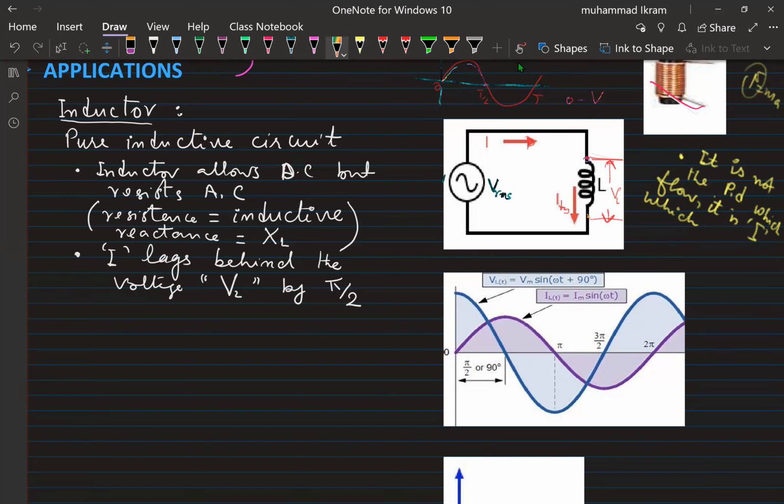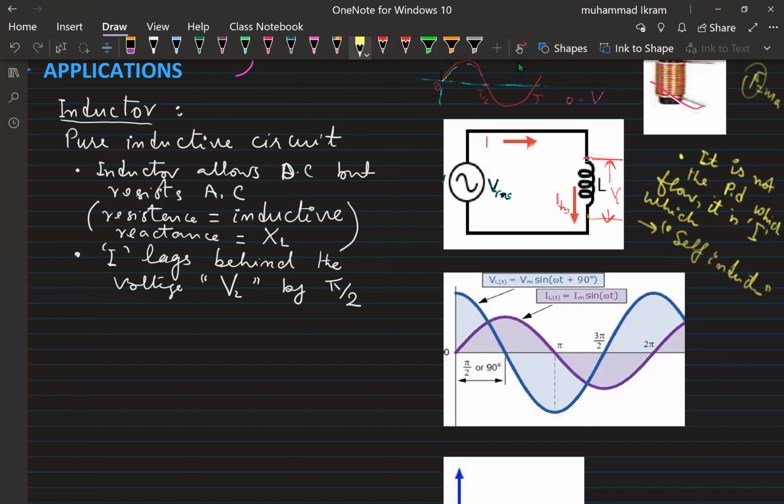That is the phenomenon of self-inductance. The phenomenon of self-inductance occurs, and that self-inductance produces a self-induced EMF which opposes the change in the current in the circuit. This is why we say that the current lags behind the voltage here.